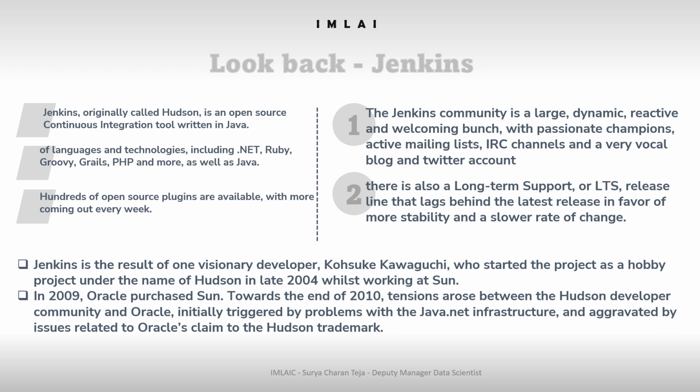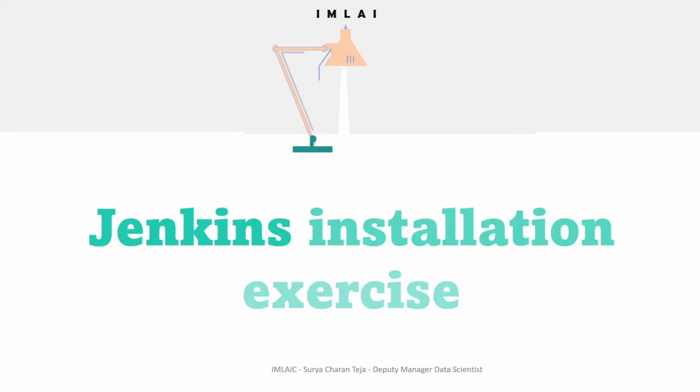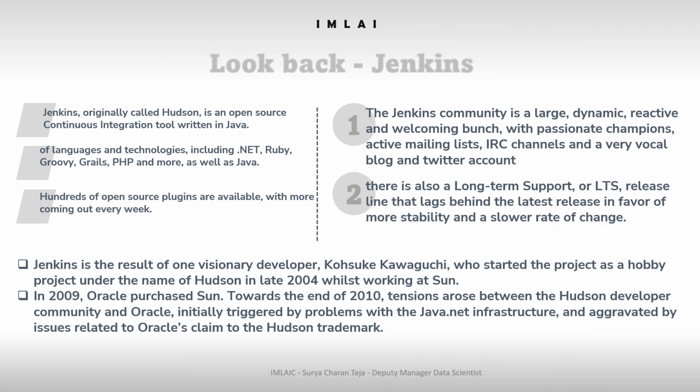So, in January 2011, the Hudson developer community decisively voted to rename the project to Jenkins. They subsequently migrated the original Hudson code base to a new GitHub project and continued their work there.